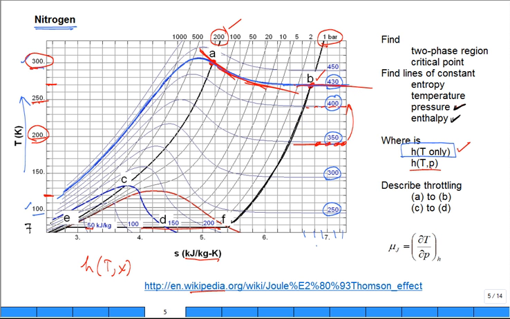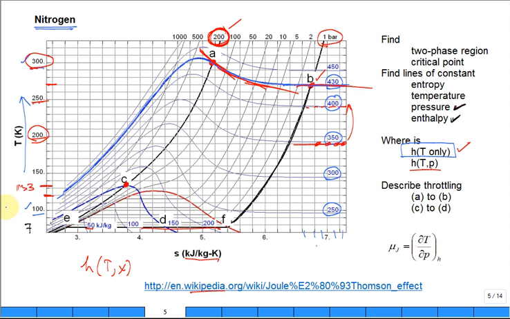All right, let's consider a point C. What's the pressure at C? 200. Same pressure as A. But what's the temperature at C? Wow, that's really cold. That's 130 something, 133 Kelvin or something like that. True?